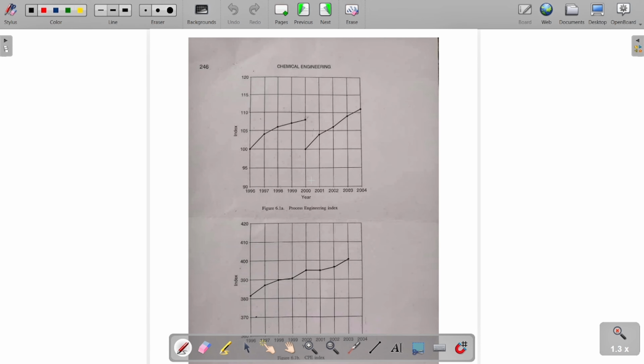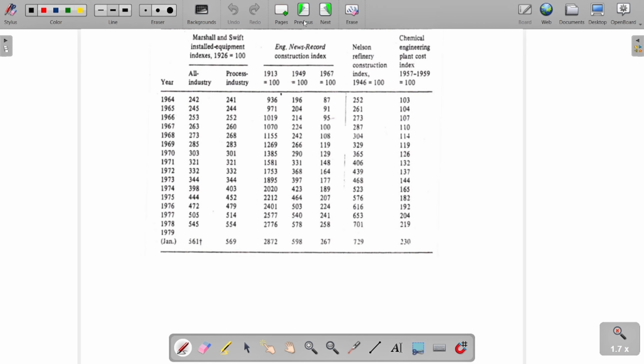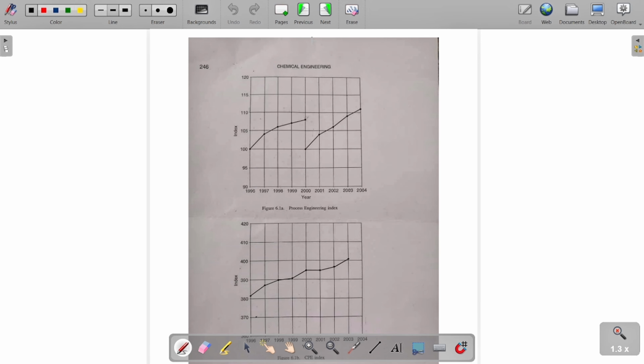So that's why we are taking the index for 98 and for 2000, so that I can use that to solve. For 1998, the index there is like 106 if you read from the graph over here.